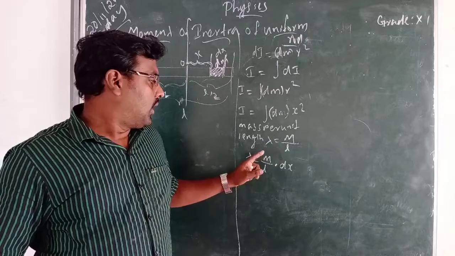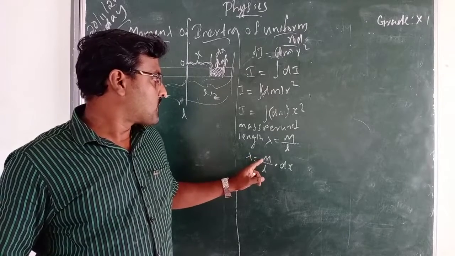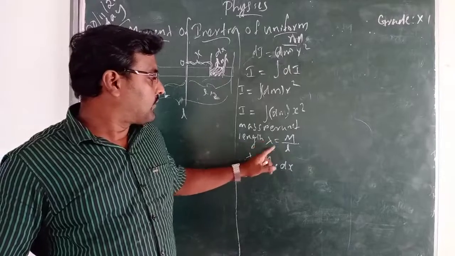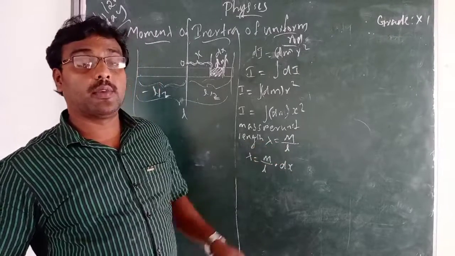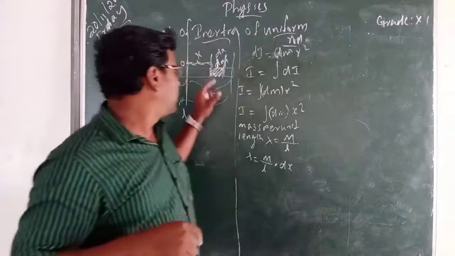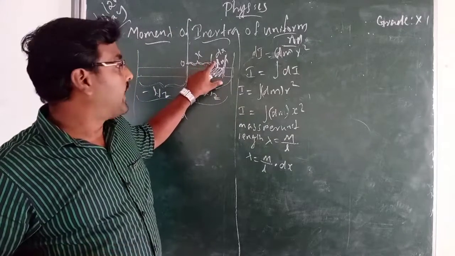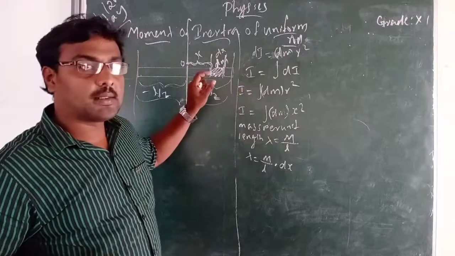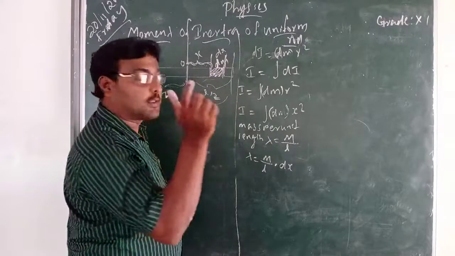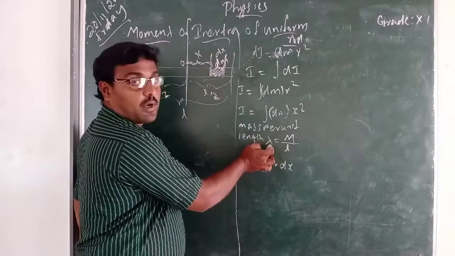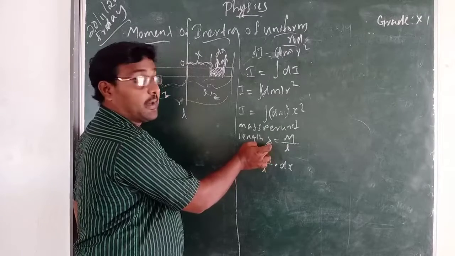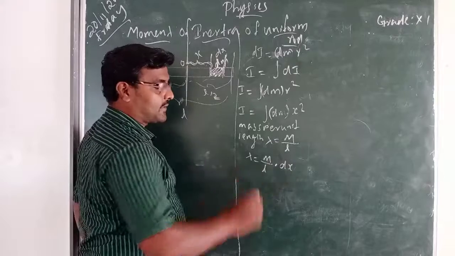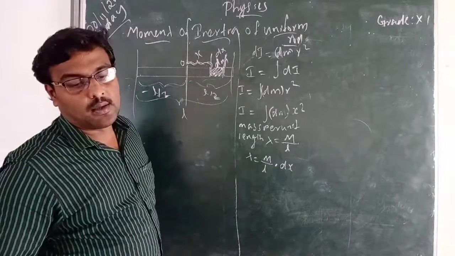This is the mass per unit length. We are choosing a small mass dm from this uniform rod, and this dm is the mass per unit length, lambda, which is M by L, multiplied by the distance dx.